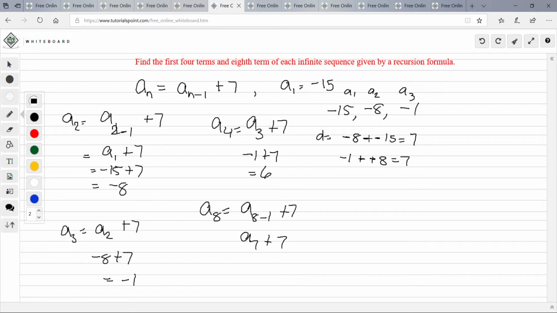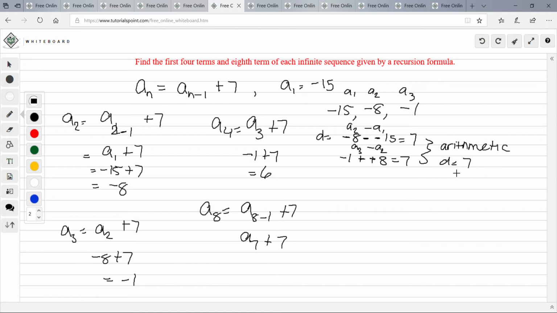So they're both true. So a2 minus a1 and a3 minus a2 equal each other, so we know it has a common difference. It's arithmetic, and the difference is 7.